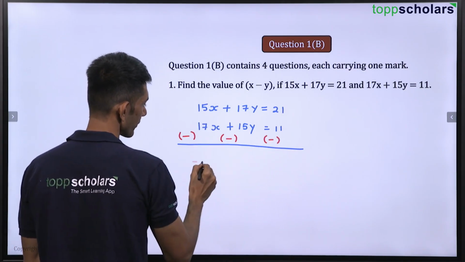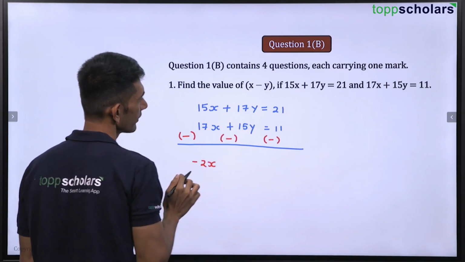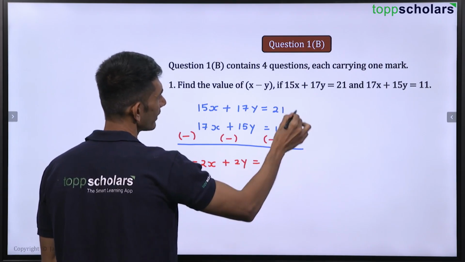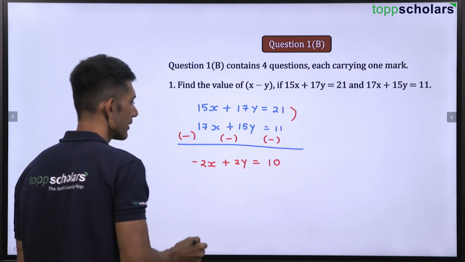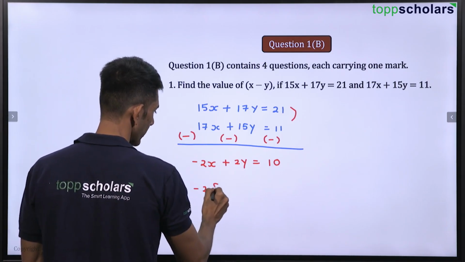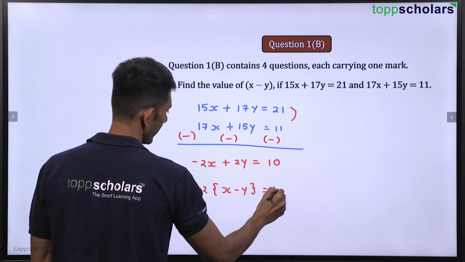So this becomes minus 2x, right? This is plus 2y is 10. Now can I take minus 2 common? So if I take minus 2 common, I get x minus y is equal to 10.